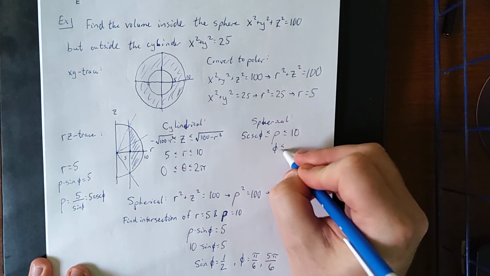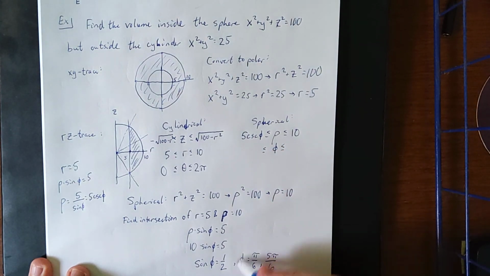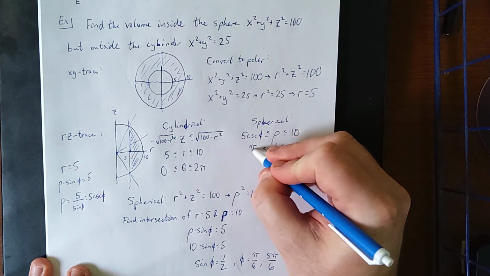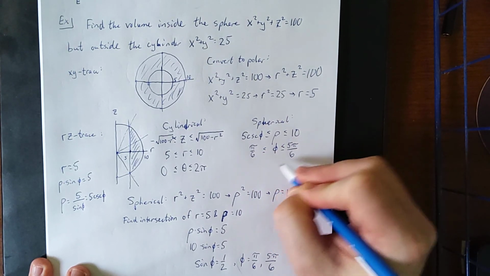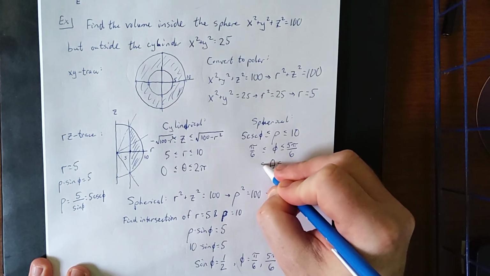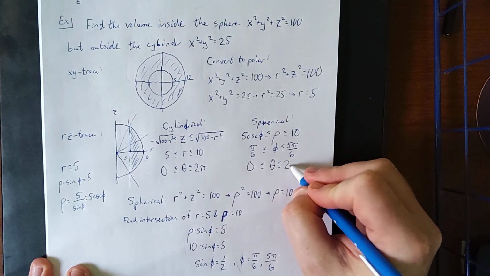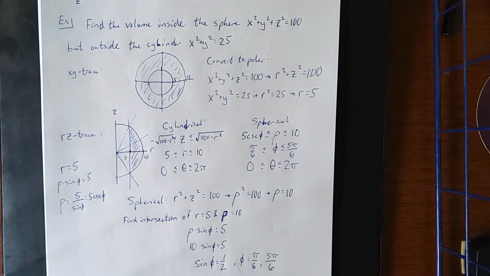Phi, we figured out the bounds on phi down here. That was from pi over 6 to 5 pi over 6. Theta will be the same in spherical as it is in cylindrical. So I'm going to set up both of these triple integrals and then make a decision on which one I would like to actually proceed with.